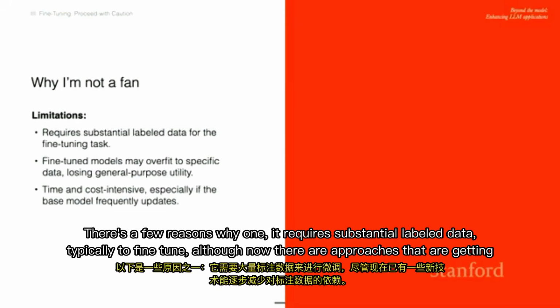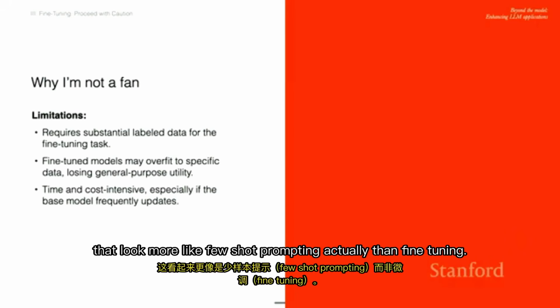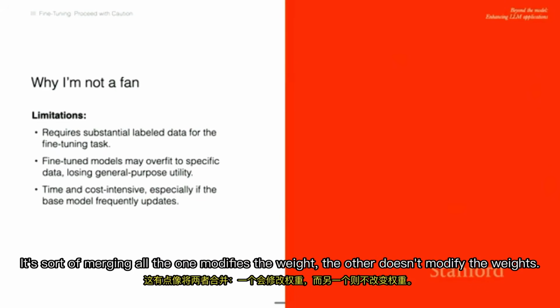There's a few reasons why. One, it requires substantial labeled data typically to fine-tune, although now there are approaches that are getting better at fine-tuning that look more like few-shot prompting actually than fine-tuning. It's sort of merging, although one modifies the weights, the other doesn't modify the weights.